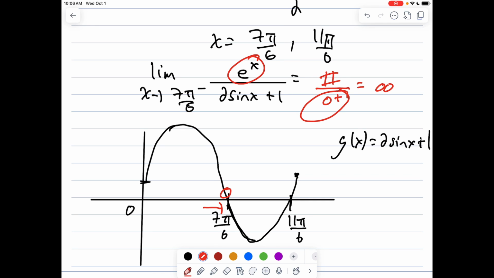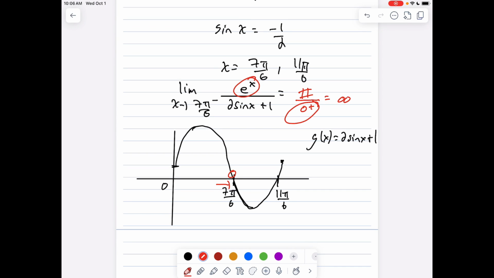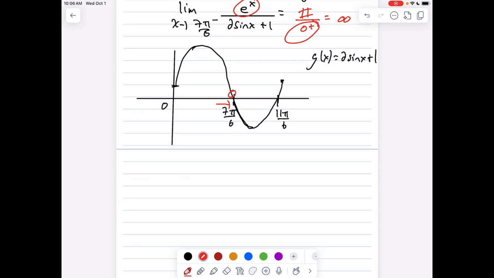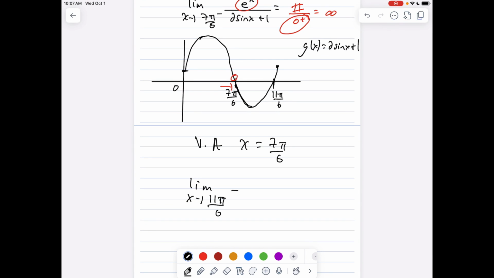So you get an infinity, and therefore you have a vertical asymptote at 7 pi over 6. And you would now do the same thing, taking the limit as x approaches 11 pi over 6. Again, you can do it from the left or right, it does not matter. Let's do the left.